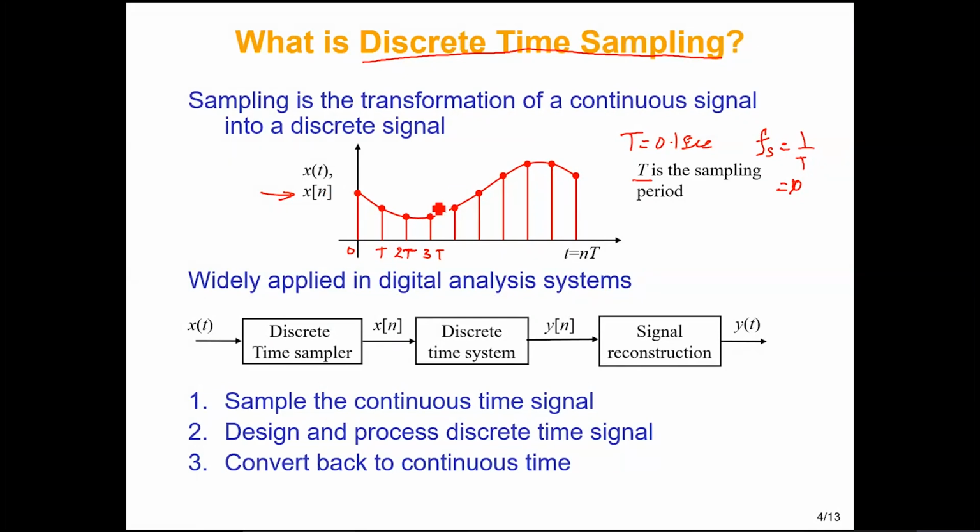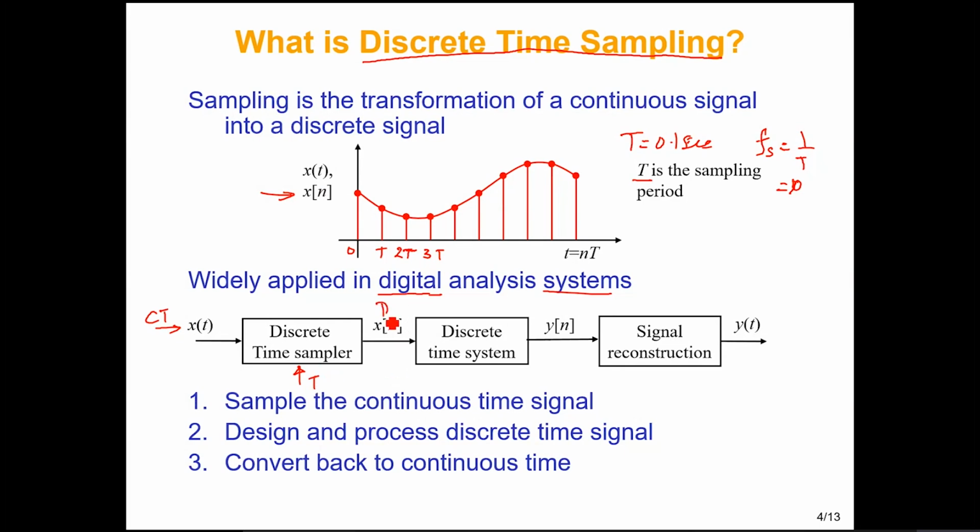Now, this type of sampling and getting your discrete signal is widely applied in digital systems, and we do digital analysis of those systems. In the real world, most of the signals are continuous in nature. So for a continuous time signal x of t, we first sample it at a particular time period T and get x of n.